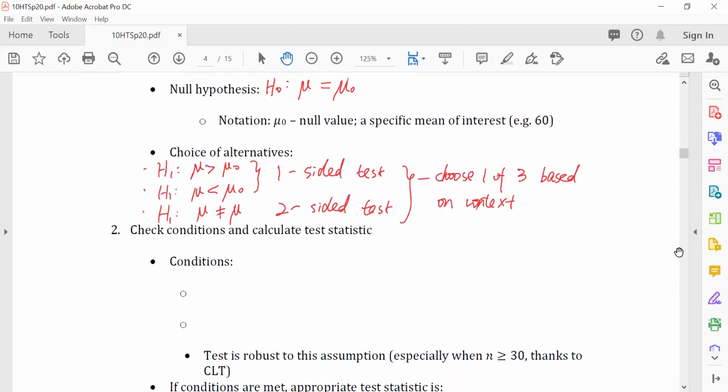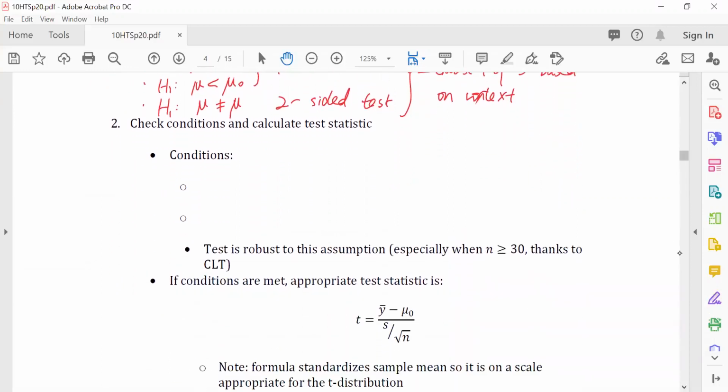The next step, step 2, check conditions and calculate the test statistic. There are 2 conditions. First, it has to be a random sample.